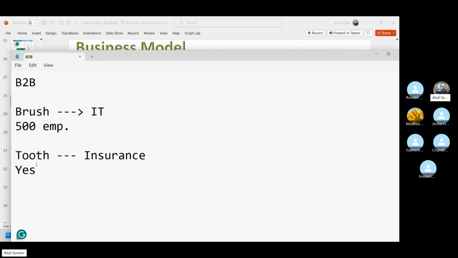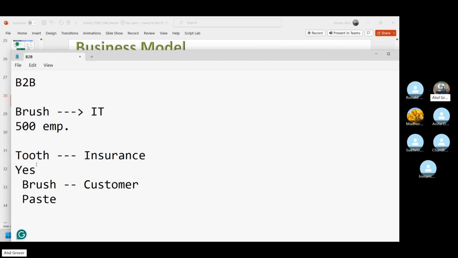So now for Tooth, Brush is an account, or I can say Brush is a customer. In the same manner, Tooth might also provide services to the Paste company.